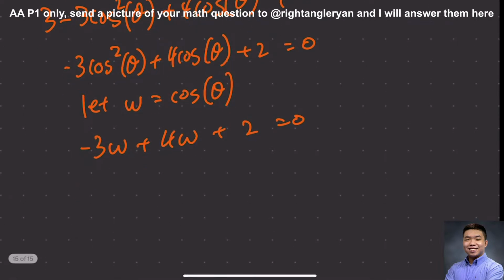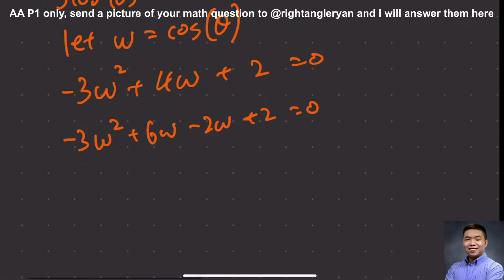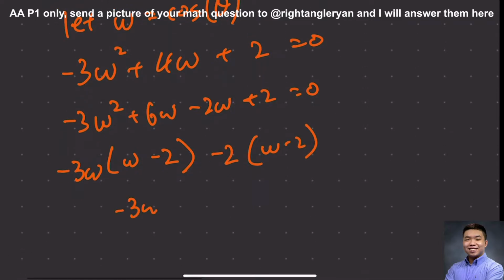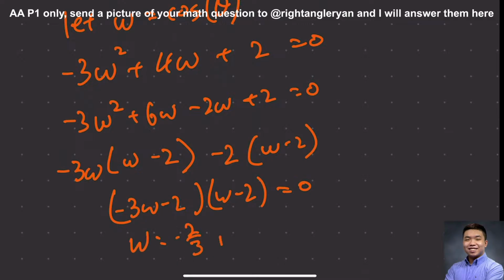So negative 3w squared plus 6w minus 2w plus 2 equals 0. Therefore, minus 3w times w minus 2, and then we have minus 2 times w minus 2. So we have negative 3w minus 2 times w minus 2 equals 0. So w equals negative 2 over 3, or 2.